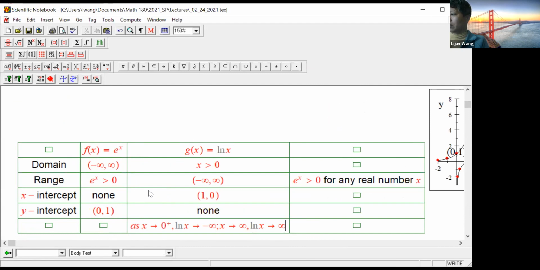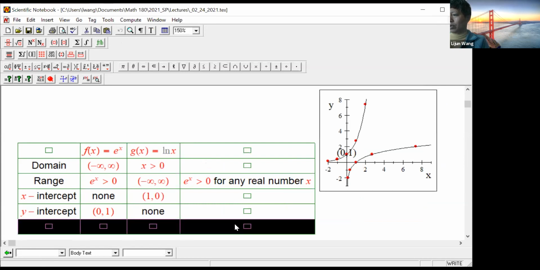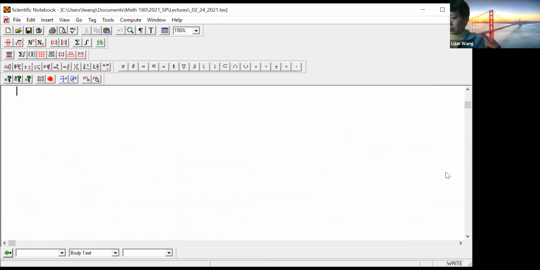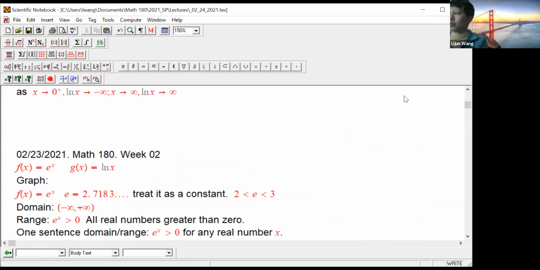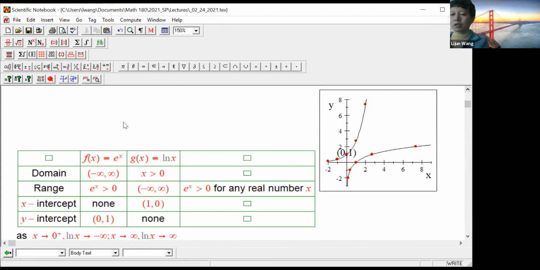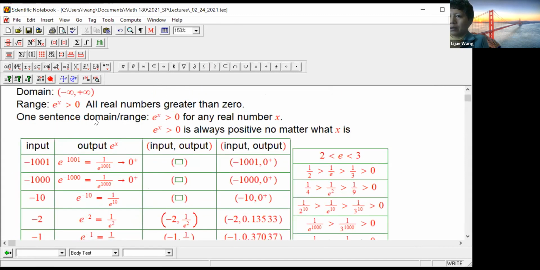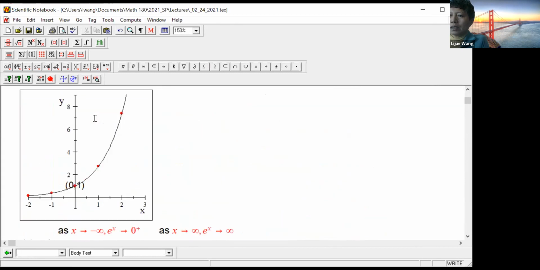Is that fitting? And we have another sentence, a bit too long. Just put it here. Okay, so what did we summarize? What did we do for e to the power x? That one sentence, right? And this one here.